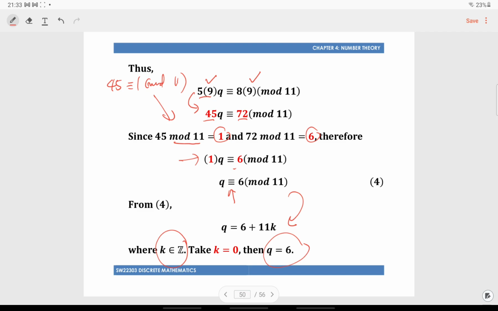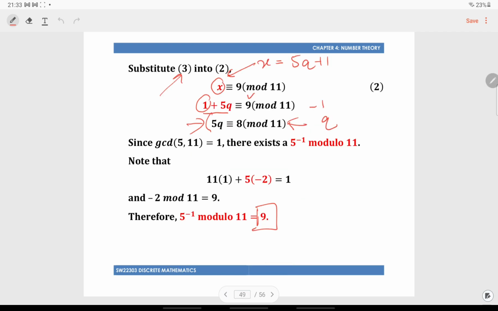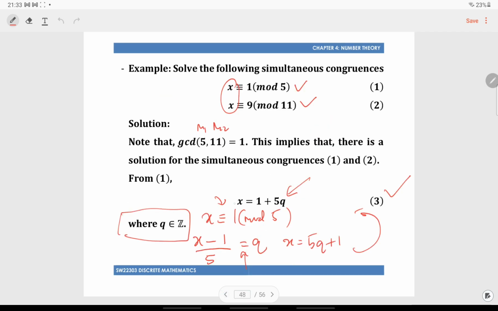But remember, our aim is not to find q, our aim is to find x. So we go back to the equation of x, which is equation number 3: x equal to 1 plus 5q.